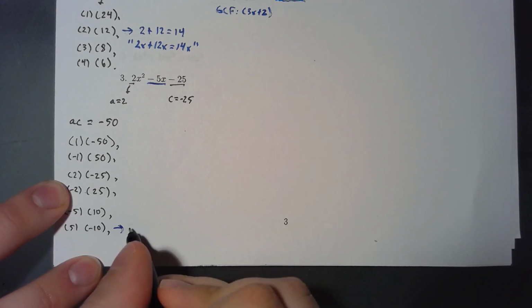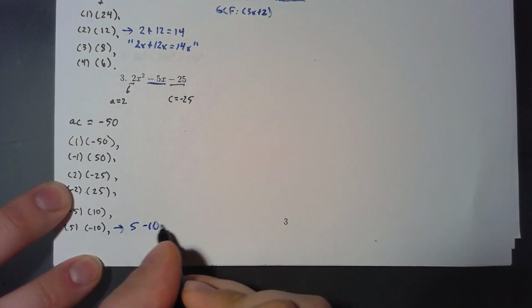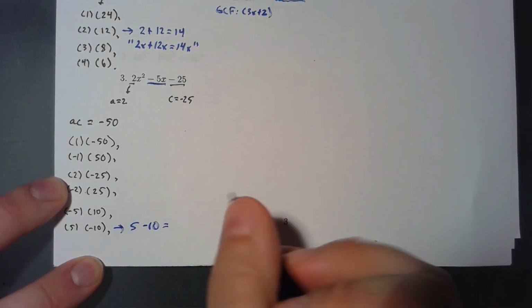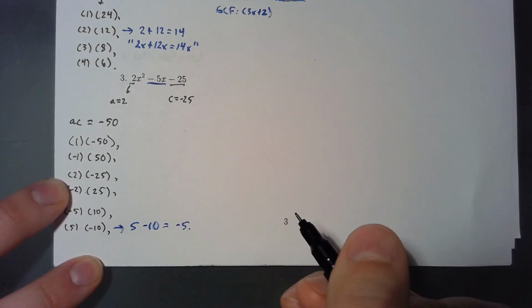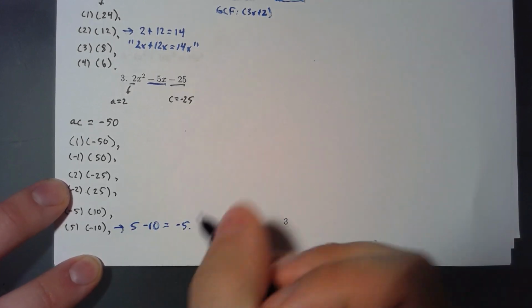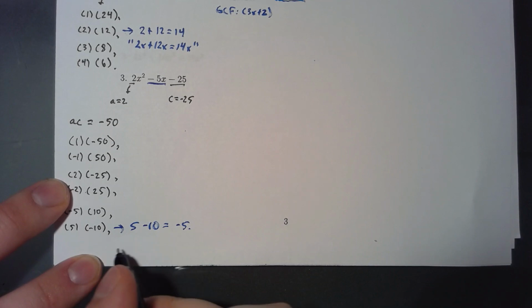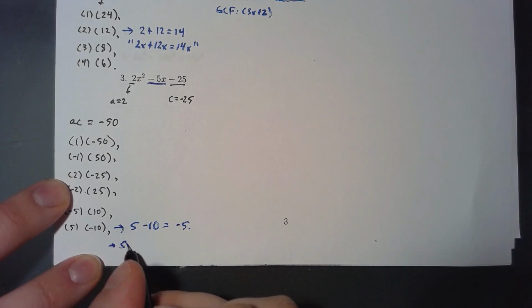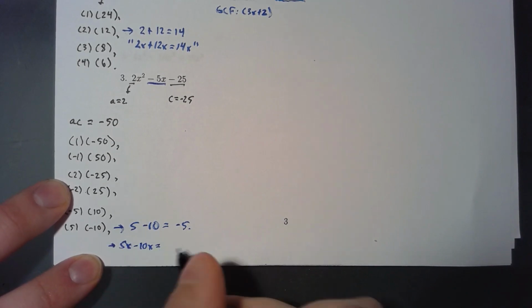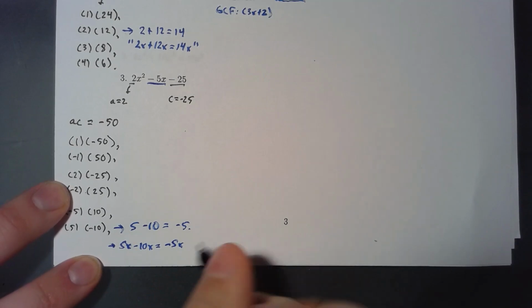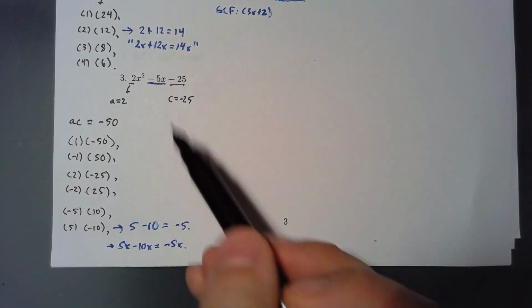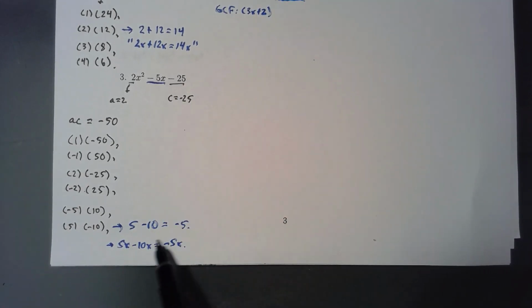If I add 5 minus 10, that is negative 5. So this one looks like I should be 5x minus 10x to give me negative 5x. So I'm going to rewrite the middle term as 5x minus 10x.